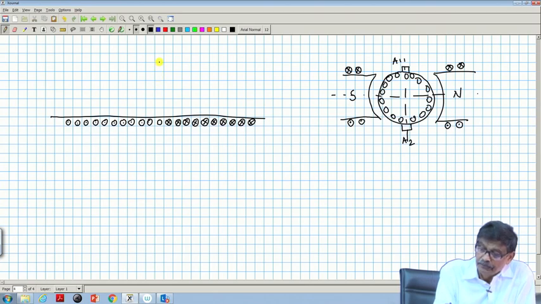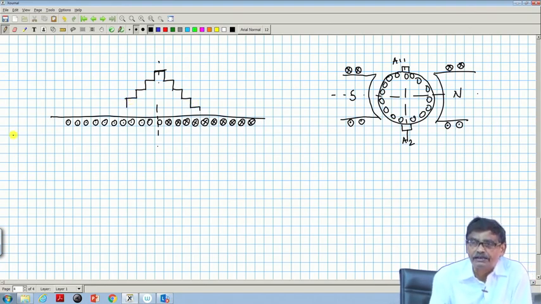Therefore, the peak value, whatever it will be, will be here at the middle, depending upon the number of turns and the magnitude of the current. Earlier it was 2 Ni by 2 or 3 Ni by 2, something like that. So, it will be a waveform distribution of this form, which you can work out. Understood? This is the whole idea.